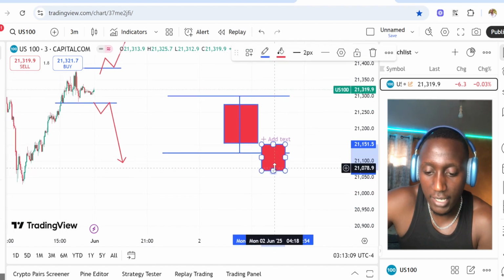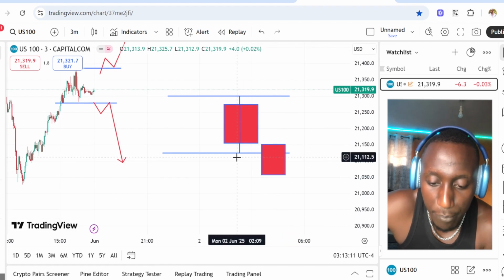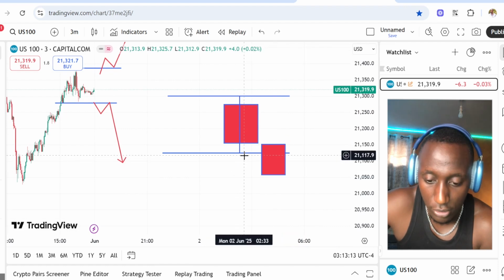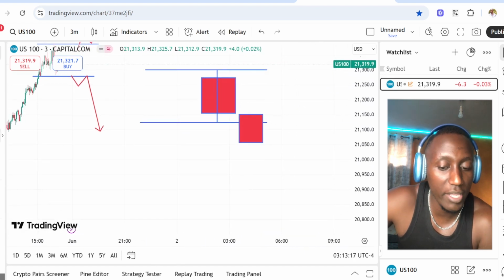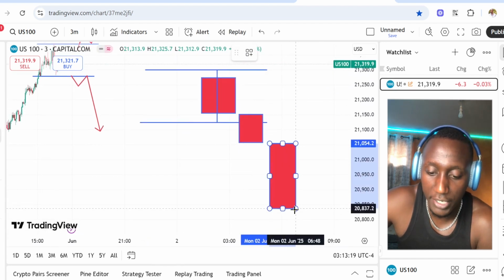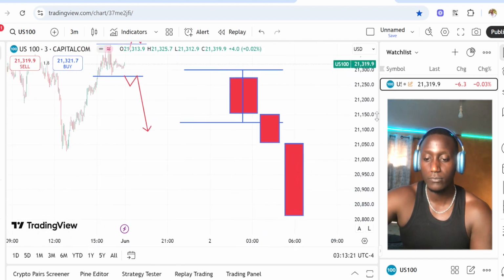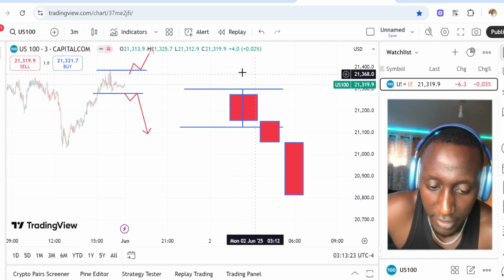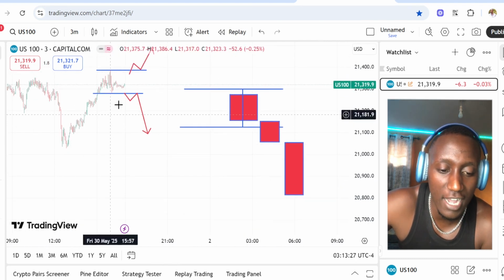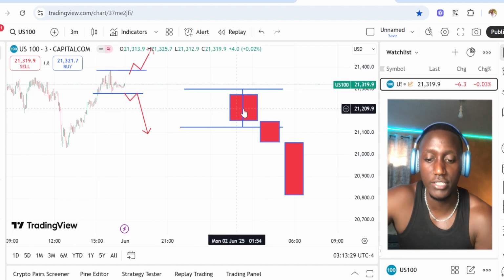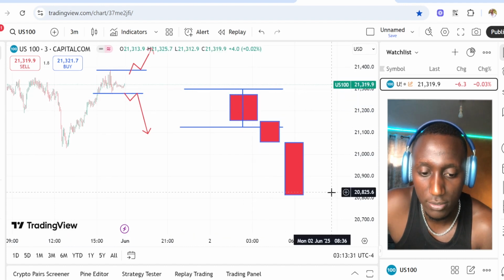And it's telling us that price has broken below support. So if we've broken below support, then we are likely to continue going in that direction. And so what we've done here is represent this whole price action with just a few candles.